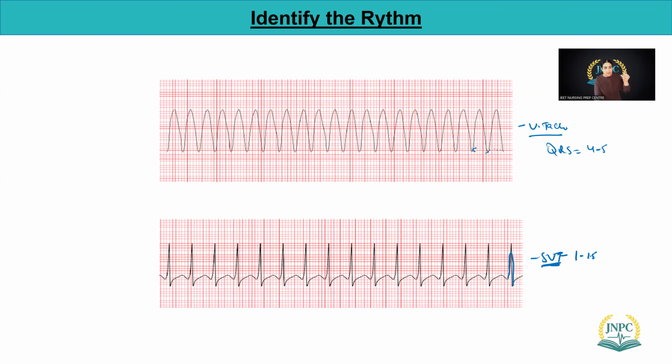So in VTAC, the QRS complex is wide. No P wave, QRS is wide, right? But it is regular. If you really have to calculate this, you can count 1, 2, 3, 4, 5, 6, 7, 8, 9, 10, 11, 12, 13, 14, 15, 16, 17, 18, 19, 20. Oh my God, 210. So the ventricles are in tachycardia.